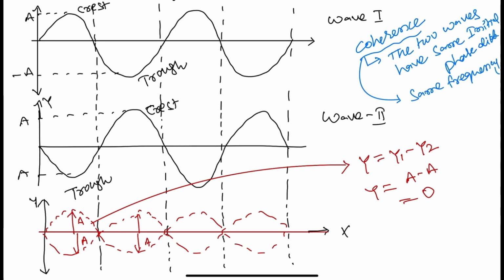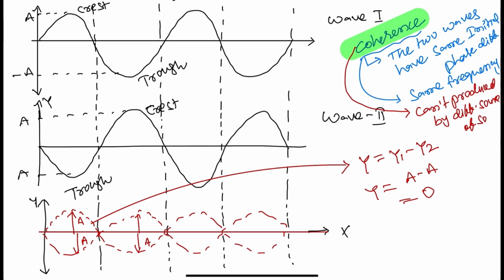One thing we need to remember: coherent waves cannot be produced by different sources of sound.